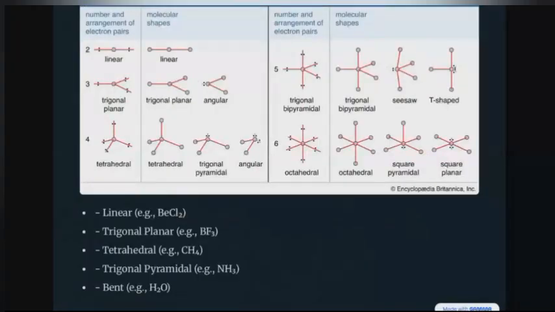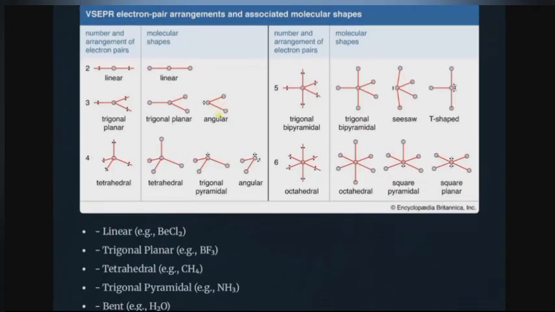One lone pair on a 3 atom molecule would cause an angular shape. One lone pair on a 4 atom molecule would cause a trigonal shape.